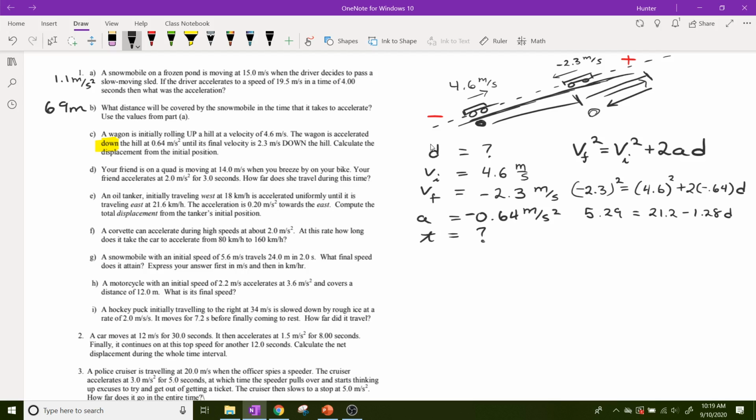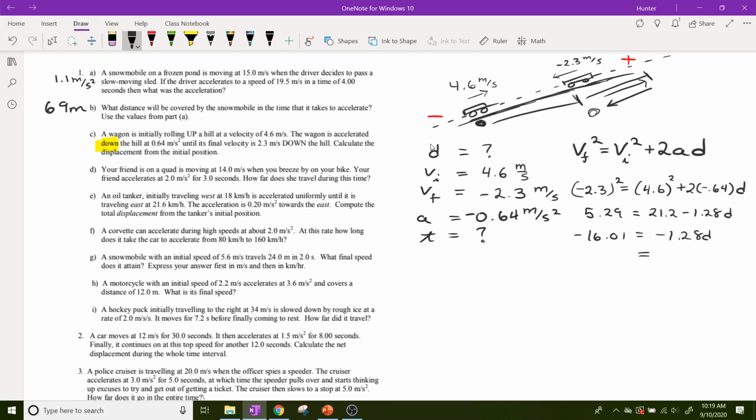Subtract the two onto each other. So this is negative 16.01, correct? And that's negative 1.28. So we divide the two onto each other.